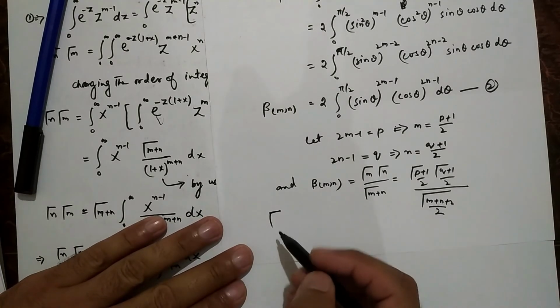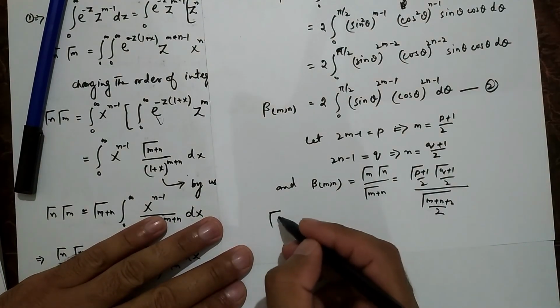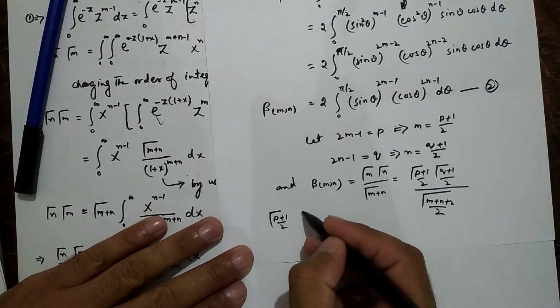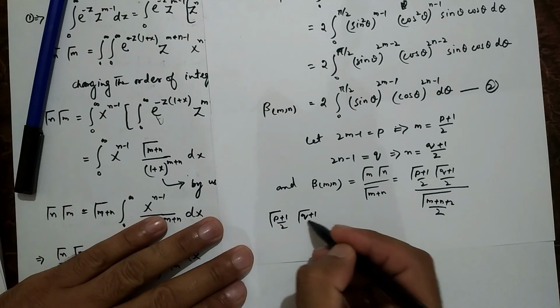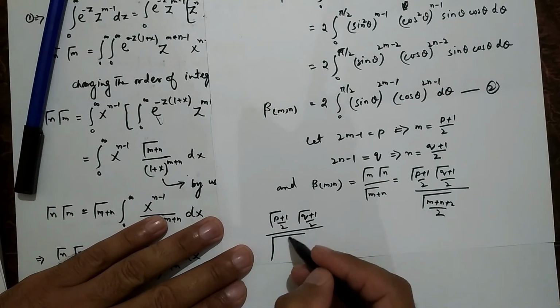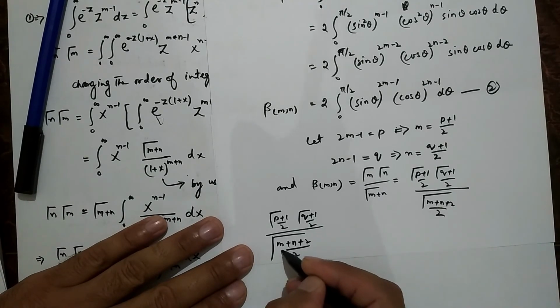Clear? So it will be gamma p plus 1 upon 2 gamma q plus 1 upon 2 divided by gamma p plus q plus 2 upon 2.